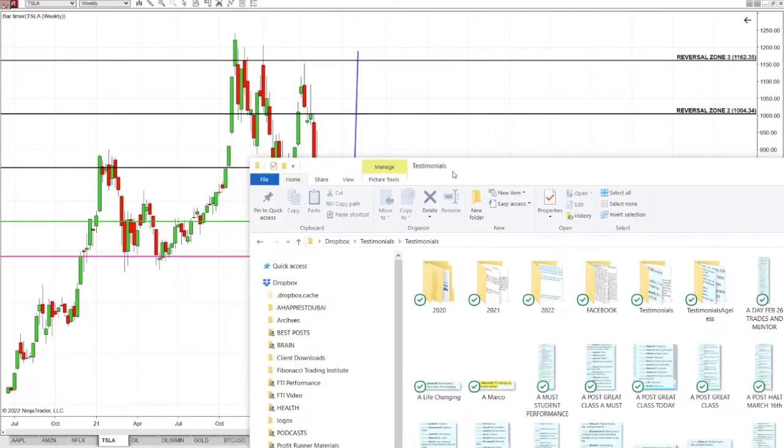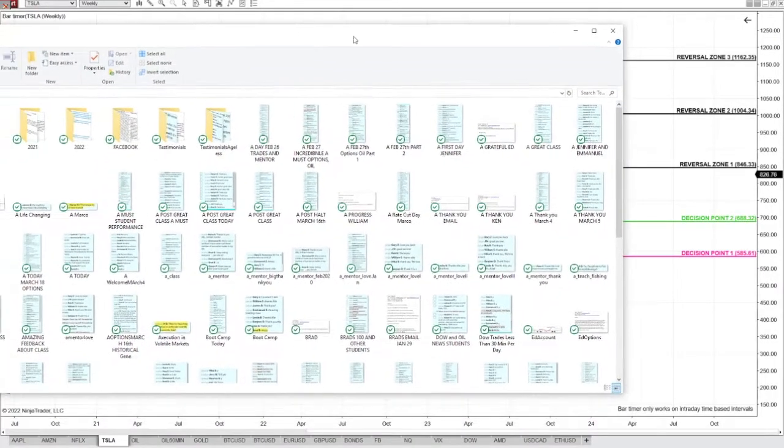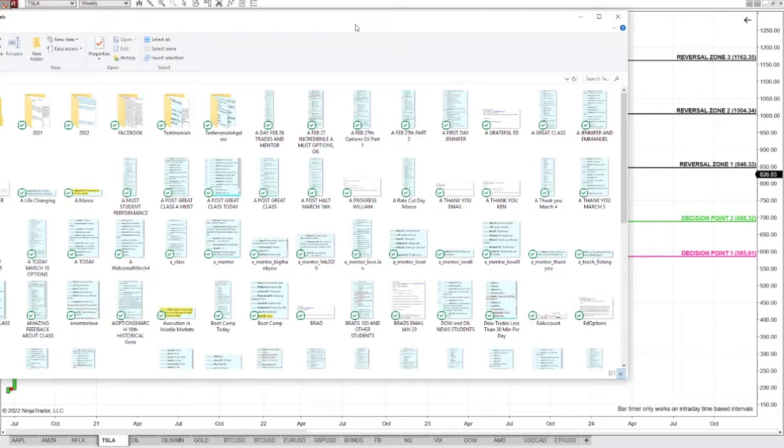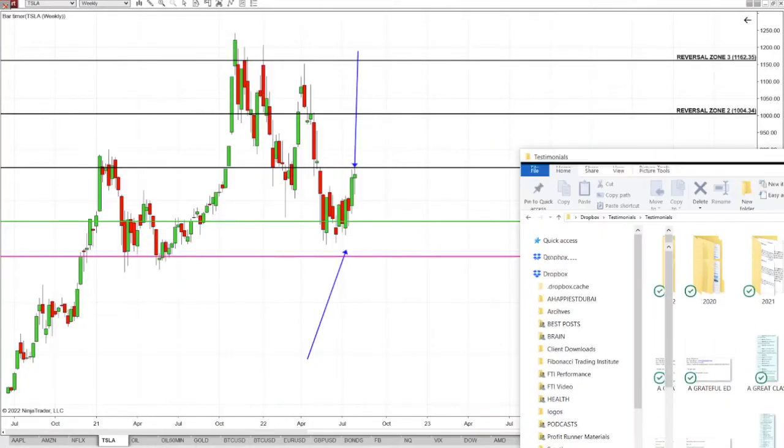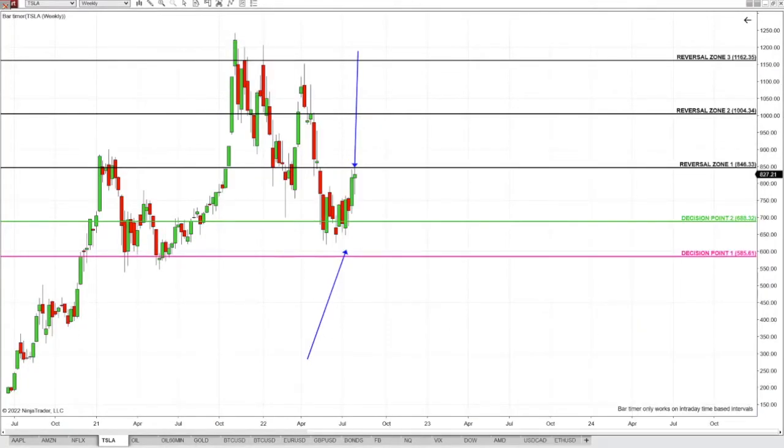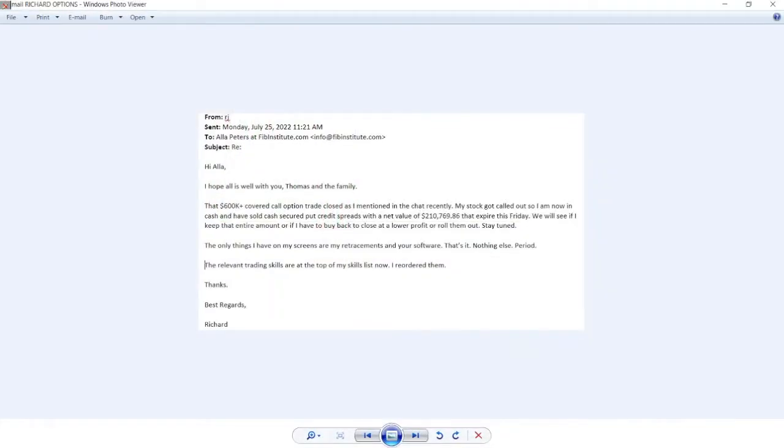And if I bring you to the list of my emails, thousands and thousands of emails over the year, tens and tens of thousands of emails, let's find the one yesterday from Richard. And what has he done on his latest trade on Tesla? This is the email from Monday, correct?